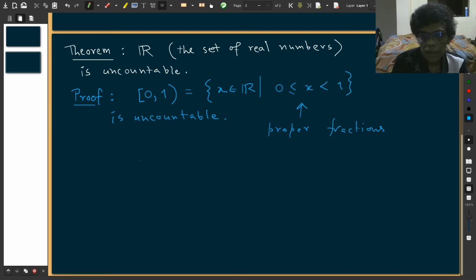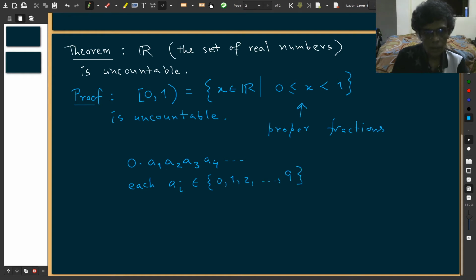Now note that every such proper fraction can have a decimal representation of the form 0.a1 a2 a3 a4 and so on. So each a_i is a decimal digit. Okay. So every proper fraction can be represented like this.